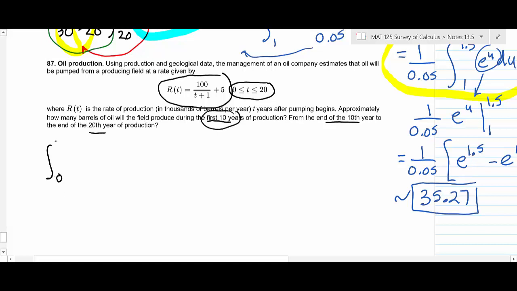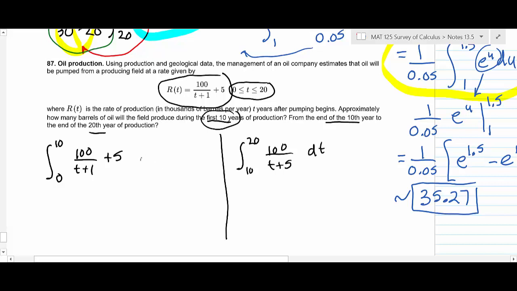So we're going to do this integral of the function 100 over t plus 1 plus 5 first. And then the second part of the problem says from the 10th year to the 20th year. So what's the difference? Now you're just going to integrate from 10 to 20. So we're going to work out two integrals here.